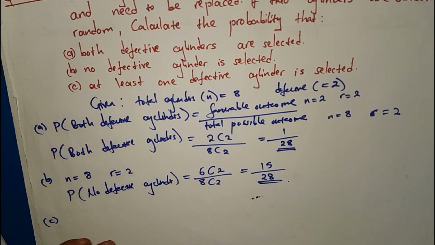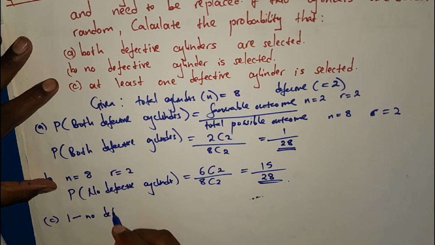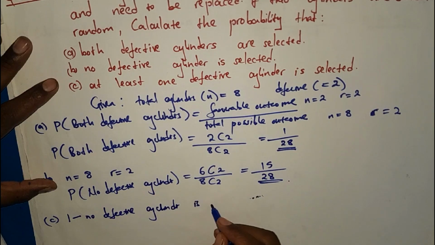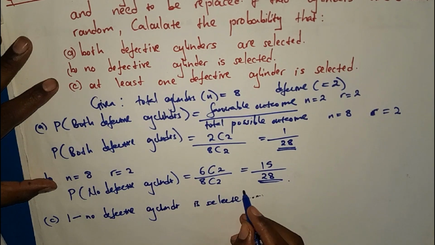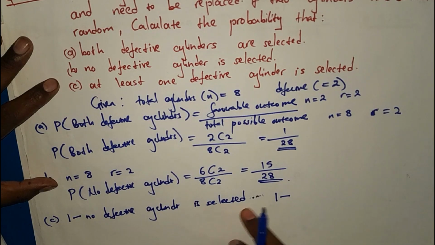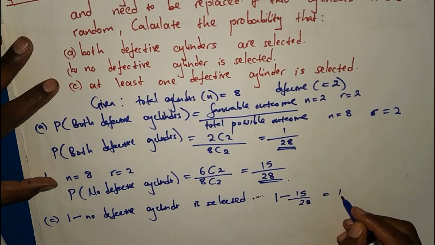If we are able to find the opposite probability, we are going to say 1 minus the probability that no defective cylinder is selected, which is equal to 1 minus 15 over 28, which is equal to 13 over 28.